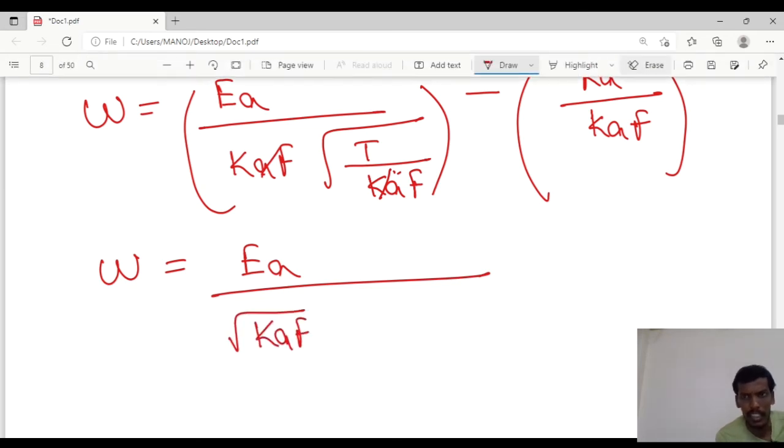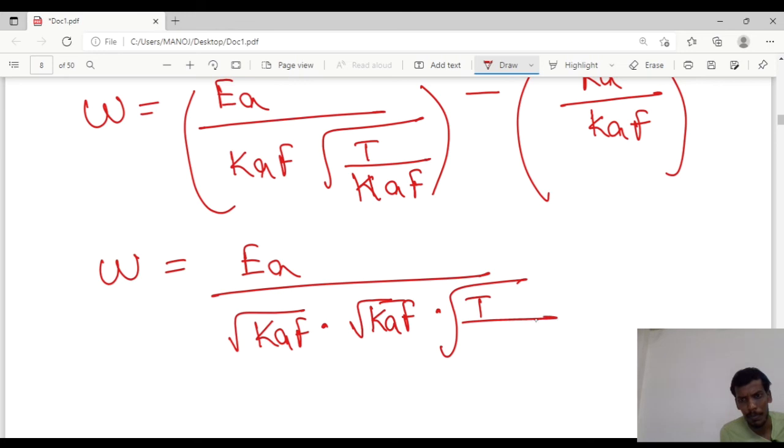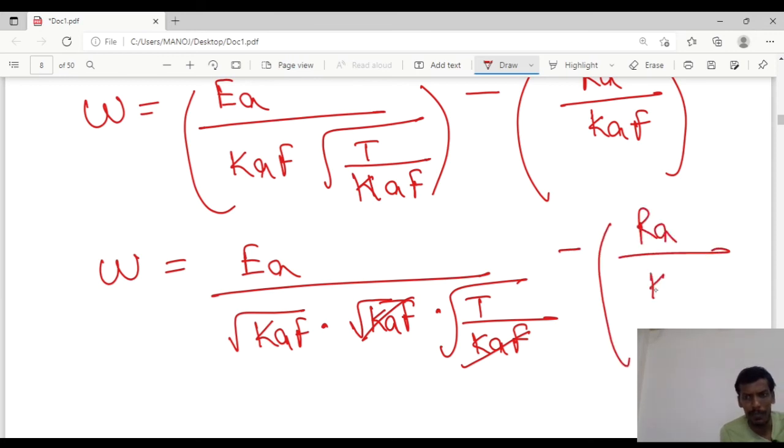I can write this once again: root of Kaf into root of Kaf into under root of T by Kaf, so one Kaf gets cancelled, minus Ra by Kaf.